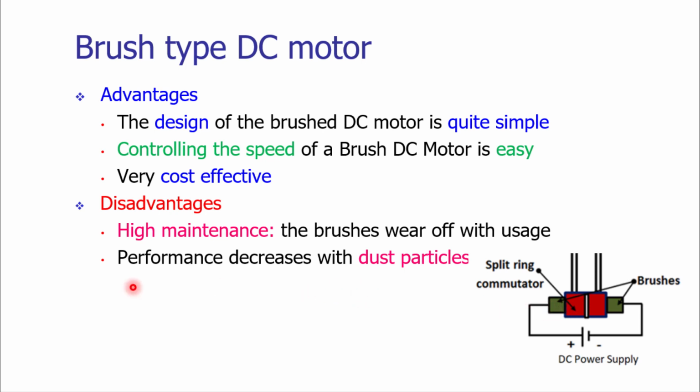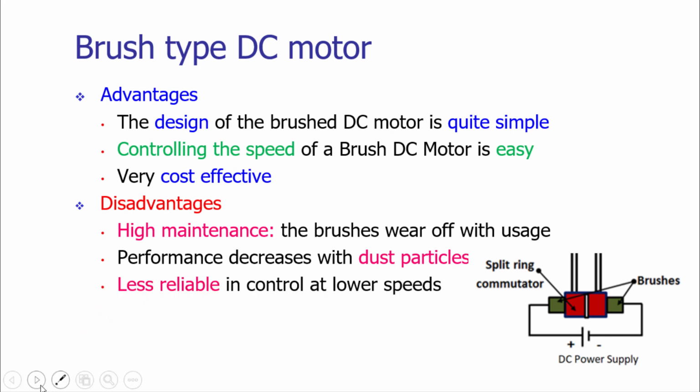So certainly there would be a negative impact of this, and the performance of the DC motor will go down. The DC motors are not that reliable at lower speeds. They are okay with moderate or medium speed applications, but when we want a precise low speed application, then the performance of the DC motor is not that good.